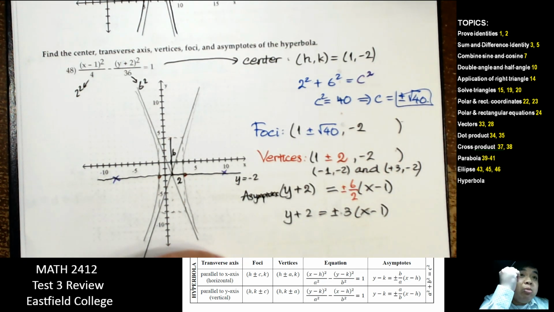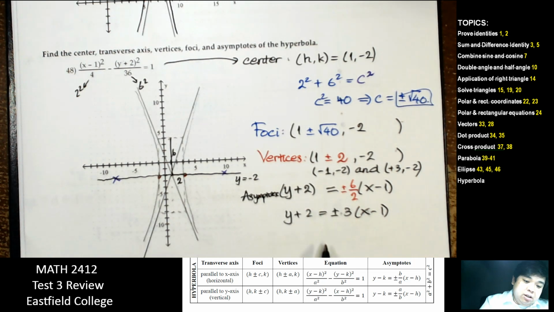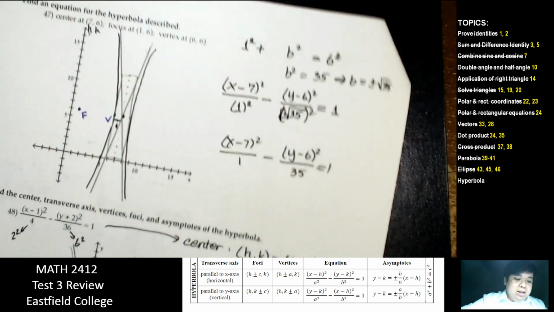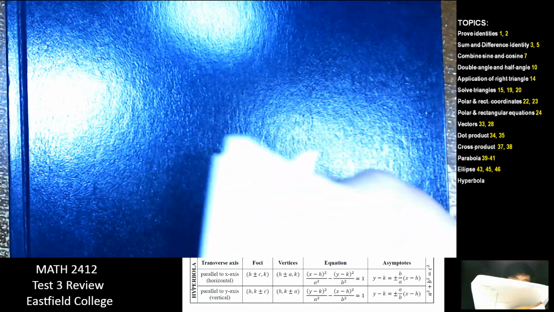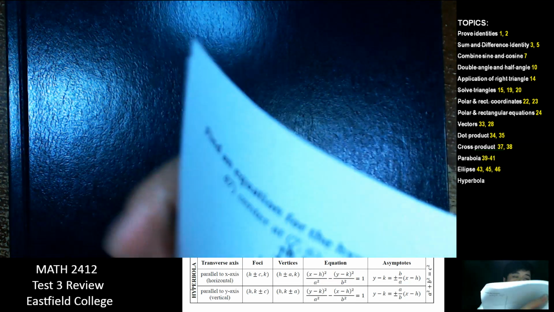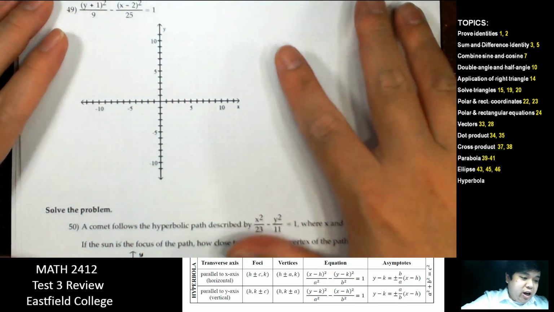Right. So everything is a function of the center. Add something to it, or the slope determined by rise over run. So that is 48. I'll just finish with 49.